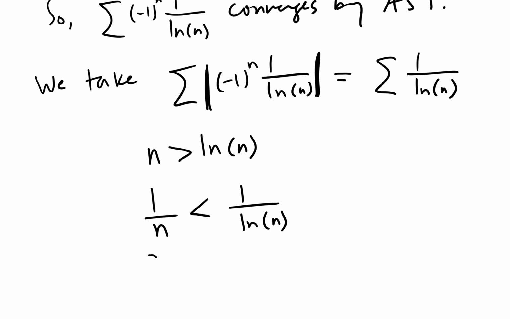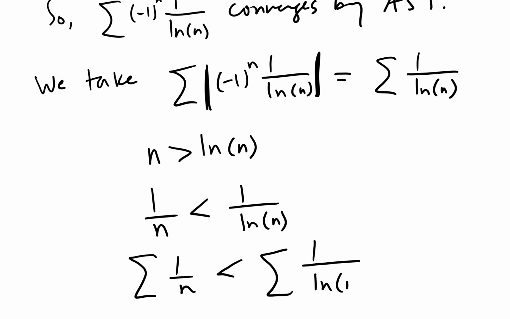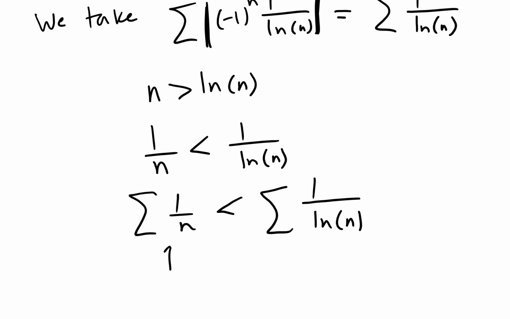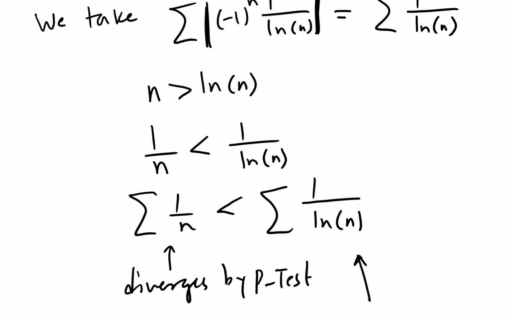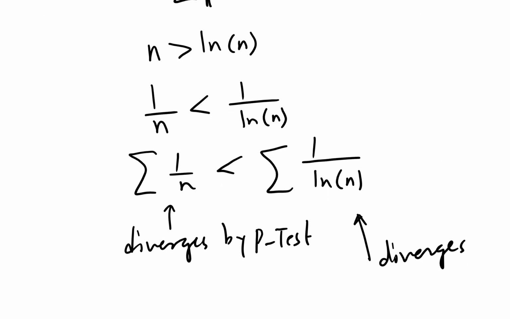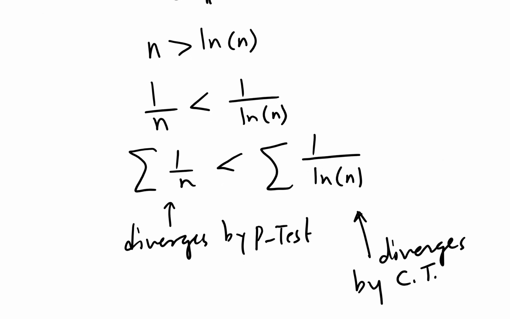And then that tells me I can do the sum less than the sum of that. Notice the one on the left side diverges by p-test. This is a harmonic series. If the smaller diverges, the bigger one diverges by the comparison test.